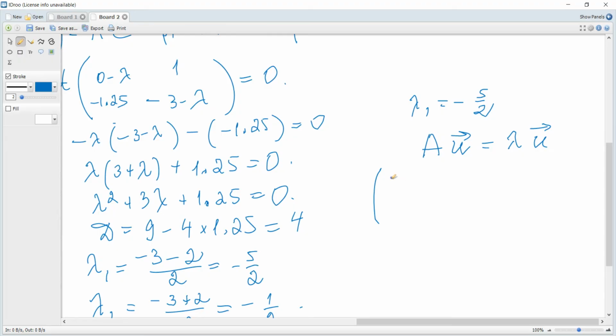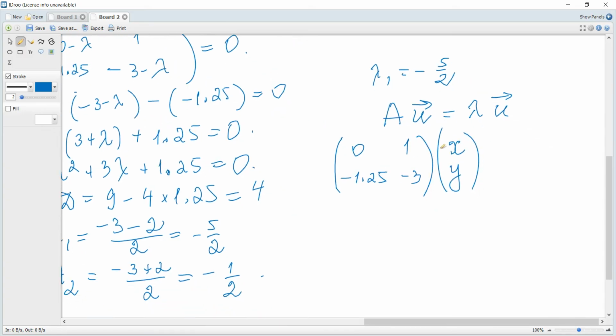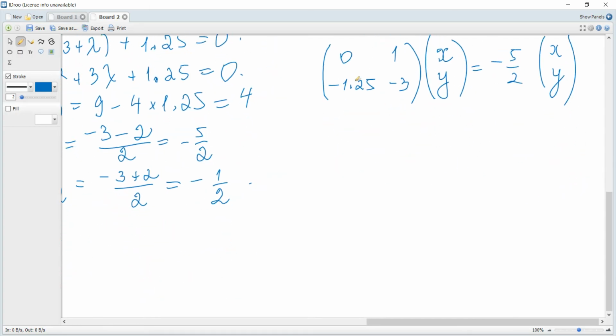The matrix 0, 1, negative 1.25, negative 3 multiplied by the unknown x, y components of our required vector is equal to negative 5 over 2 x, y. We need to write it as simultaneous equations, so we just multiply the two matrices on the left-hand side and equate rows on the left and right.